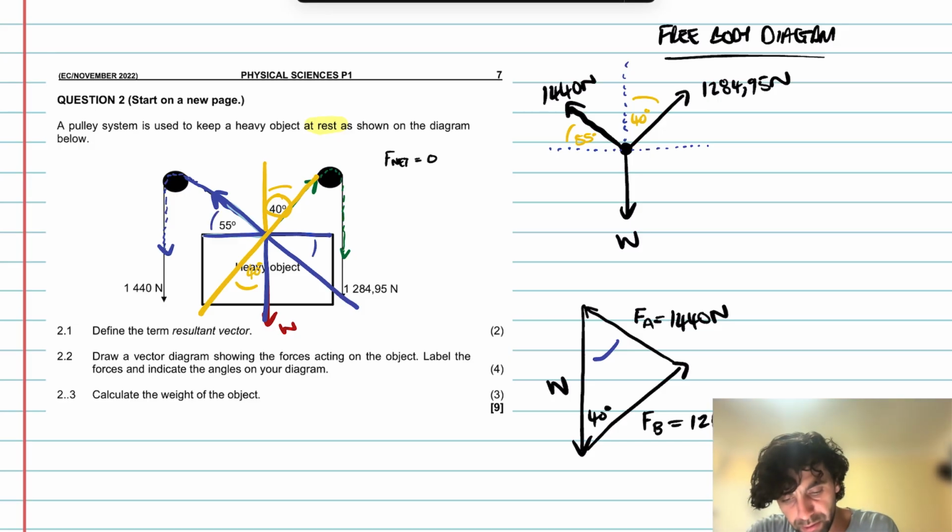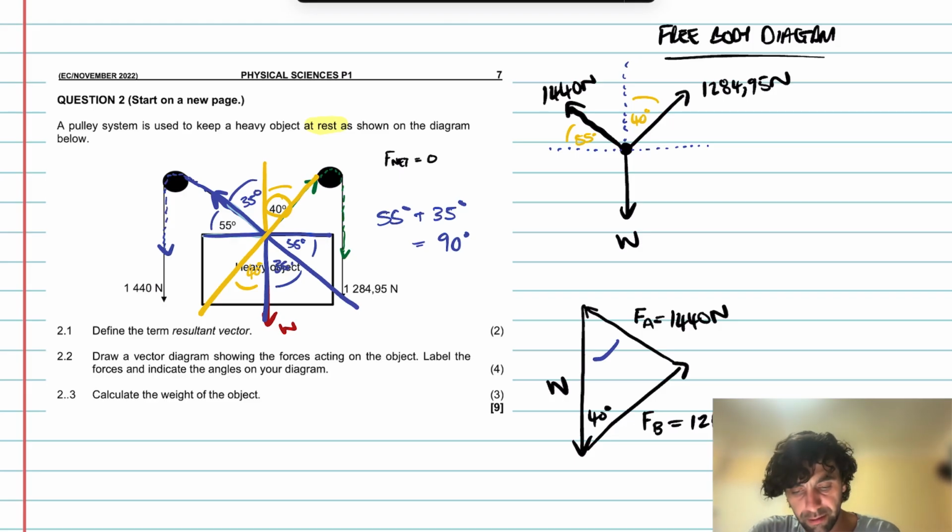This would also be a vertical opposite angle here, which would be 55 degrees. If that's 90 degrees there, this would be, of course, 35 degrees acting that way, because 55 degrees plus 35 degrees gives us 90 degrees.